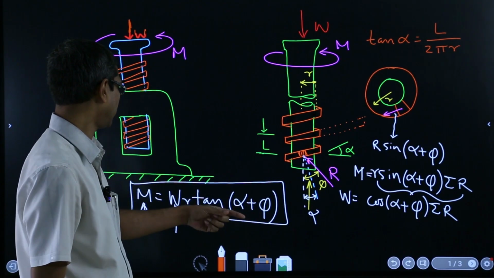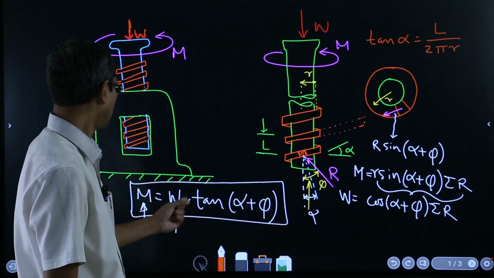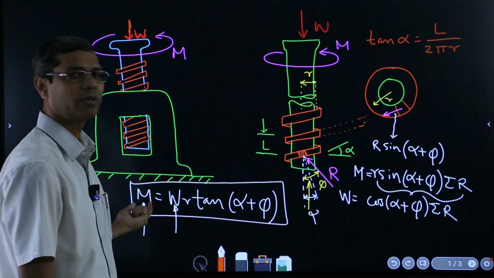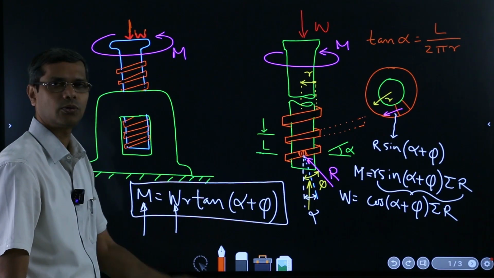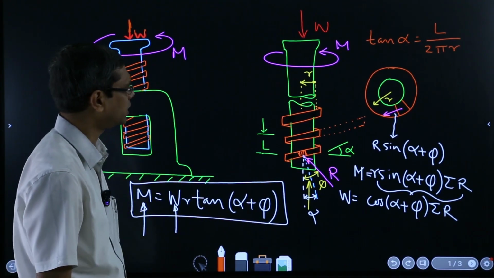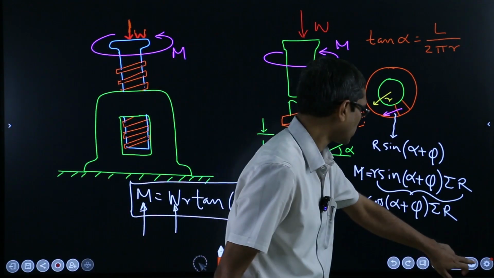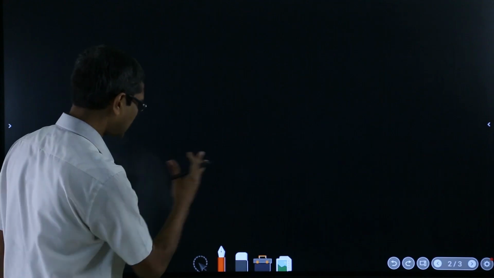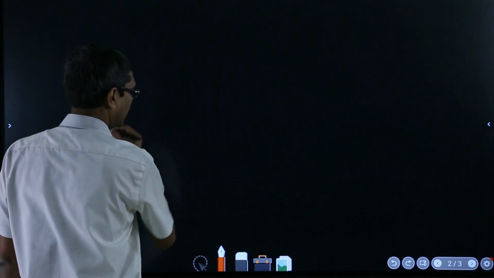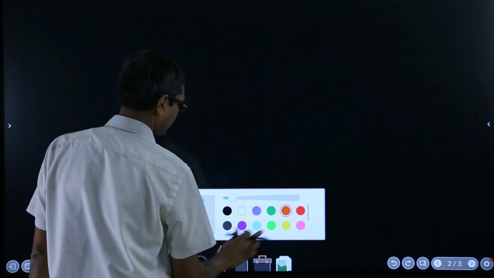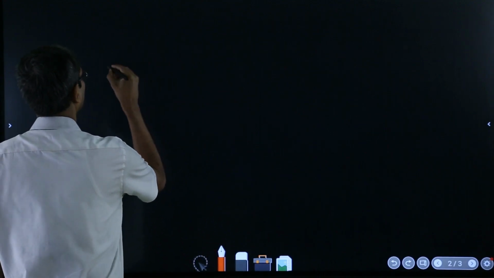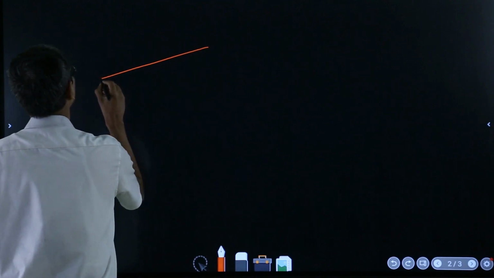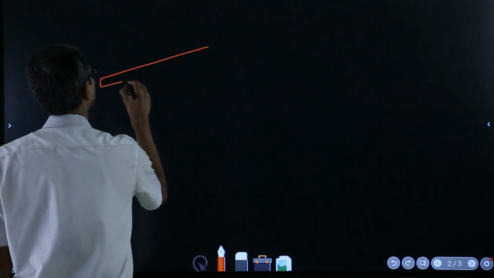So you know the coefficient of friction from which you can calculate phi, you know the mean radius. So to lift a particular weight W, you can calculate now how much moment you need to apply to the screw thread. Now I was talking about another viewpoint of calculating these same equations, by drawing the one which I drew just a few minutes back, the unwrapped segment.